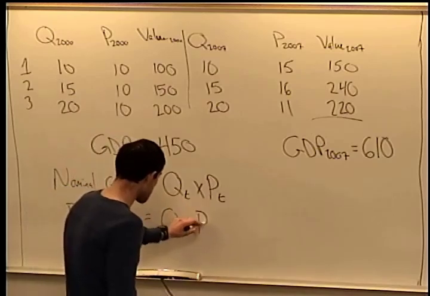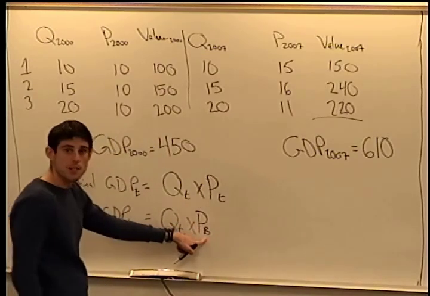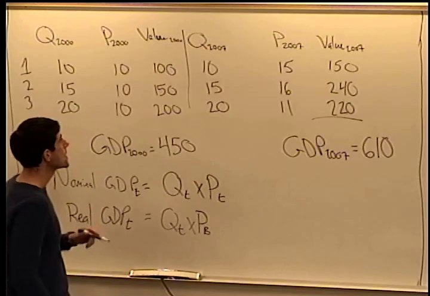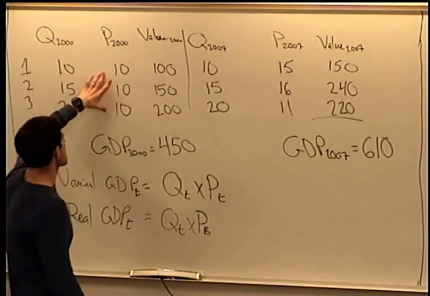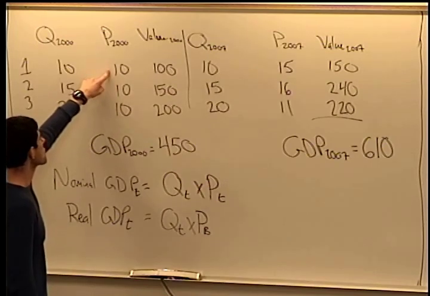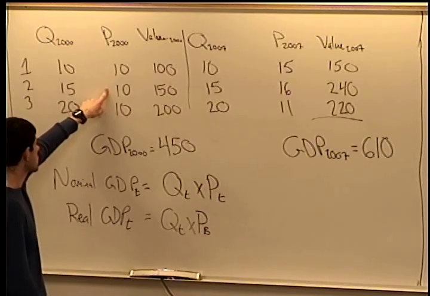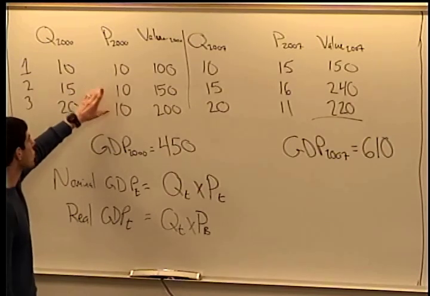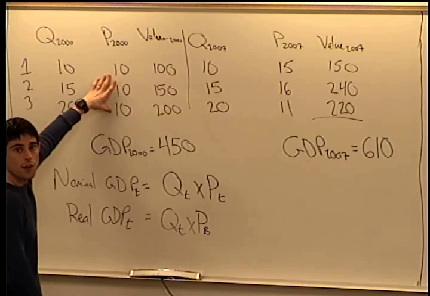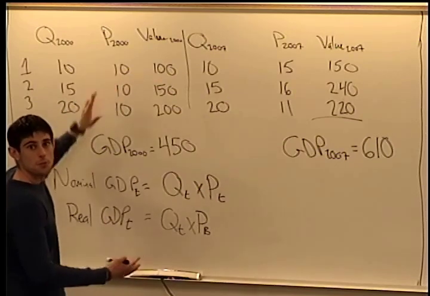So we go price B, where B is going to be a base year. So in this case, we could say we're going to take values in 2000. So what we valued good 1 at in 2000, good 2 in 2000, and good 3 in 2000, we're going to hold and say those are equal to the values for goods for every year.